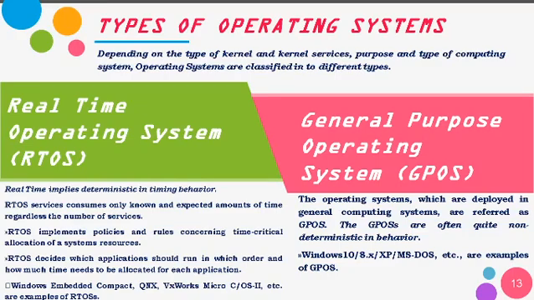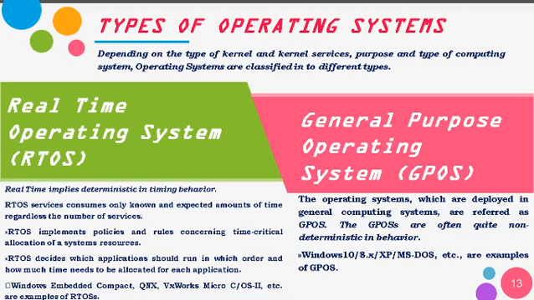It decides which applications should run in which order and how much time needs to be allocated for each application. For example, Windows Embedded Compact, QNX, VxWorks, MicroC/OS-II, etc. are examples of real-time operating systems.